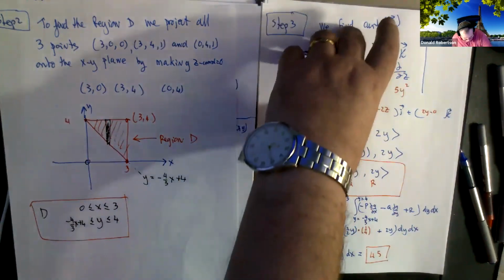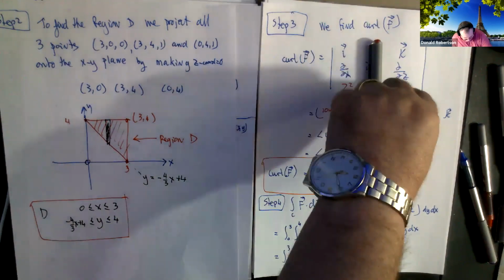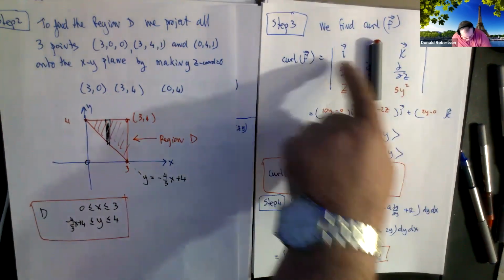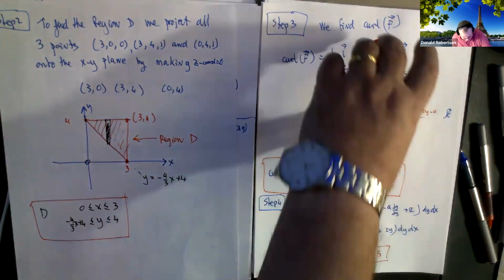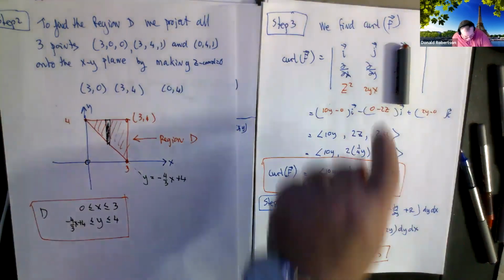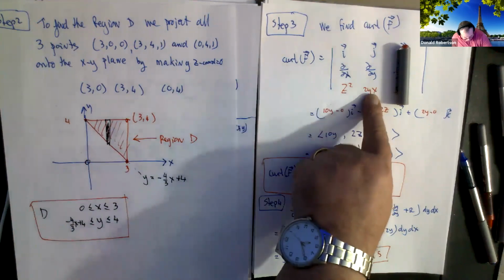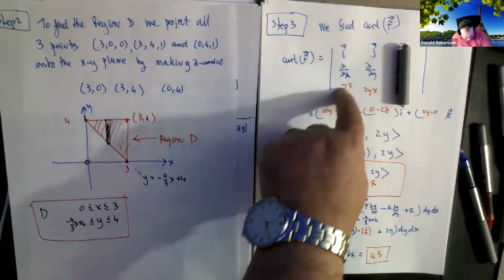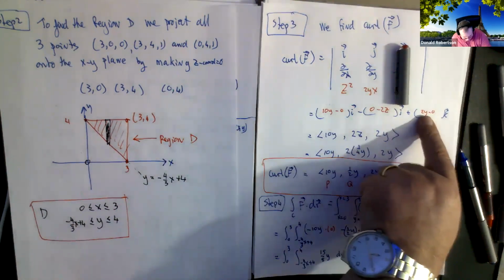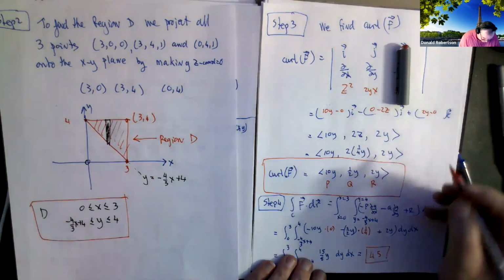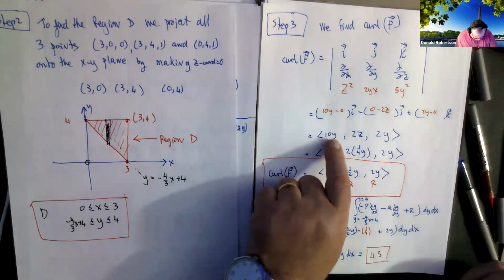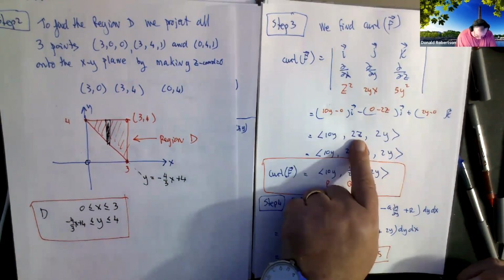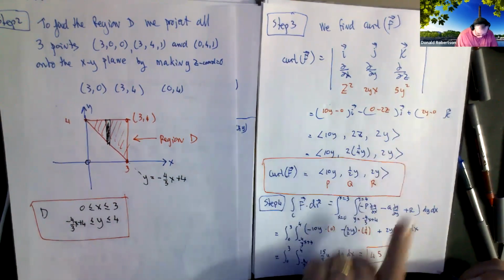Check. If you do the middle one, the derivative of the major is 0 because that has no x's in it. Take away 2z, 0, take away 2z. If you go to the last one, this derivative with respect to x is 2y. This derivative doesn't have any y, so it's 2y take away 0, and that gets you the third one. Then you take care of the little details: 10y minus 2y plus 2y.